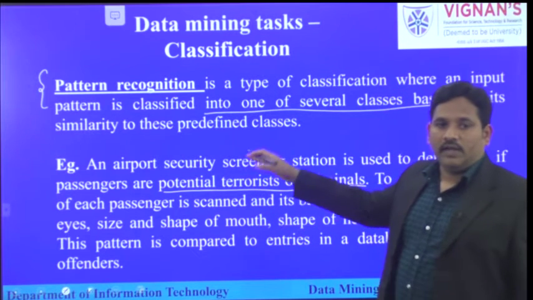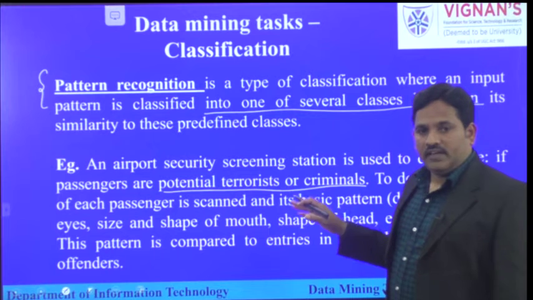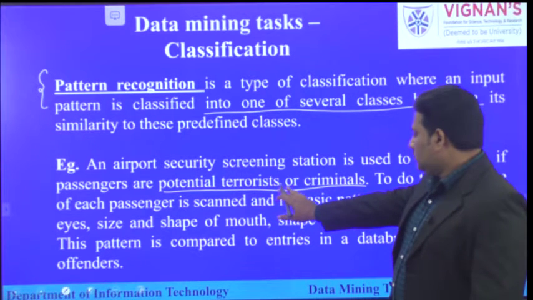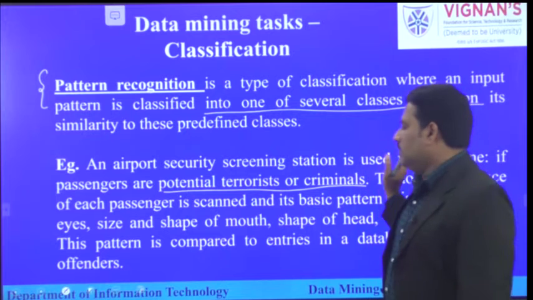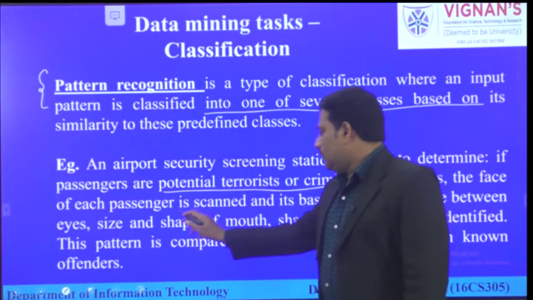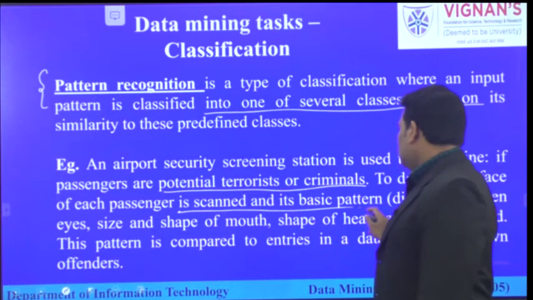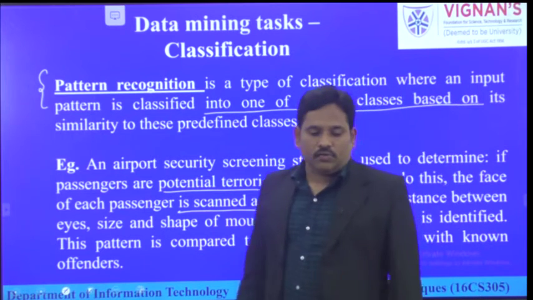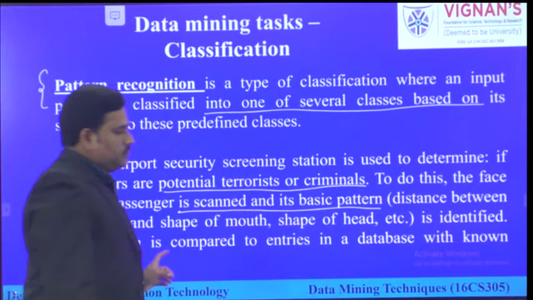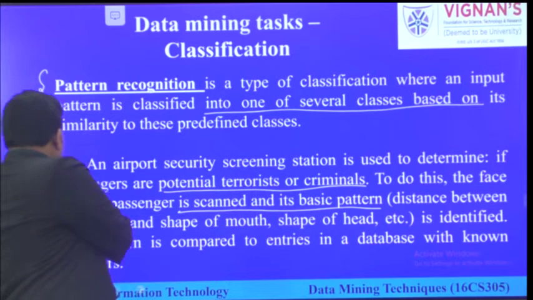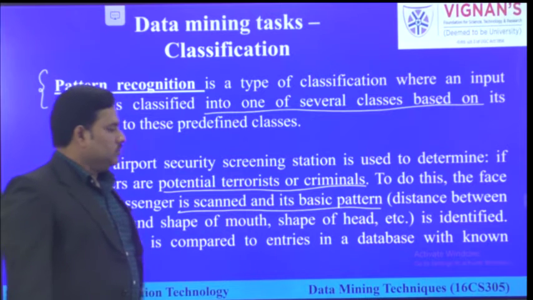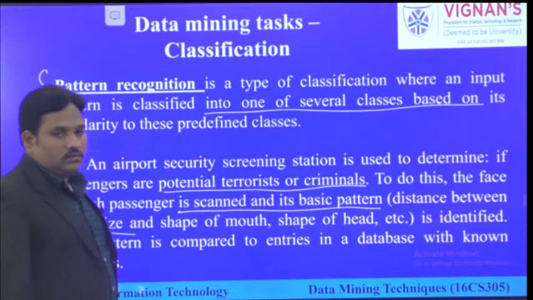Now here we want to apply some data mining techniques to identify whether he is a normal passenger or any category related to criminal or terrorist. Now how can we do that? Here each and every passenger is scanned with basic patterns. Here we are applying some basic patterns like distance between eyes, size and shape of the mouth, shape of the head.